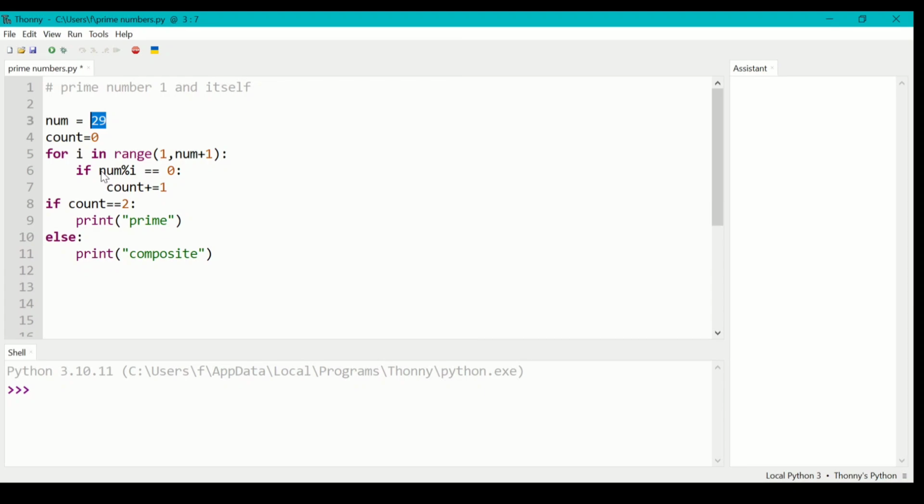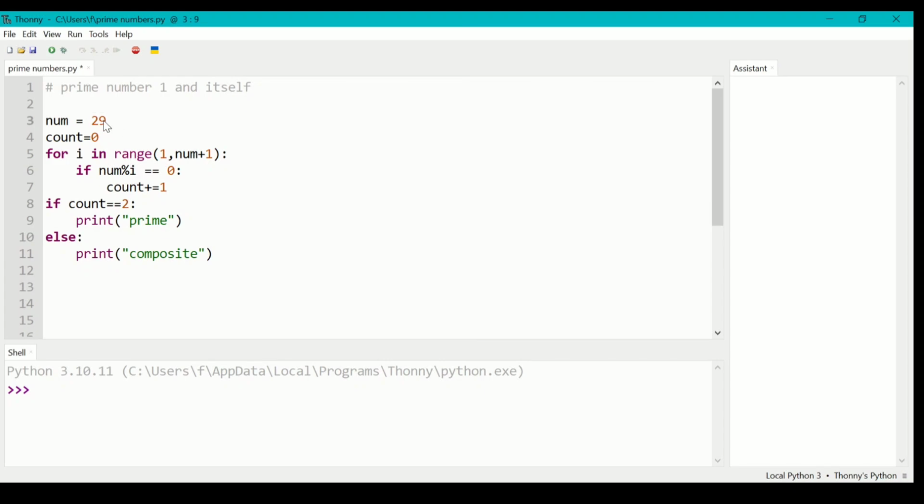If num 29 is divided by 1 and leaves remainder 0, then 1 is a factor of 29, because 1 completely divides 29 and leaves remainder 0. And one more thing, 29 is divisible by 29, so we get remainder 0, and it will be a factor of 29.